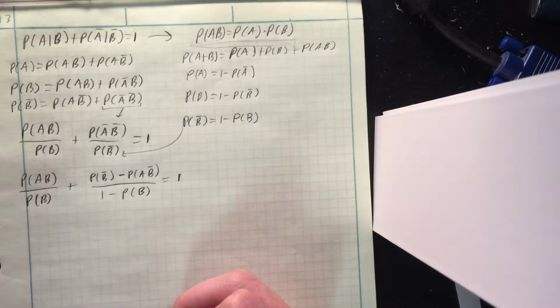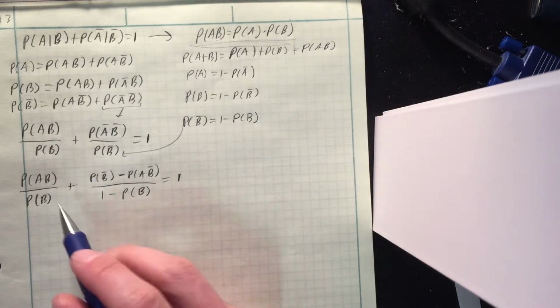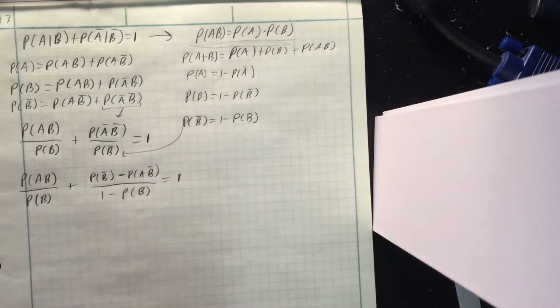Now we could work to maybe distribute out some of the B naughts, or maybe try to get rid of the denominator and see what we can do there.